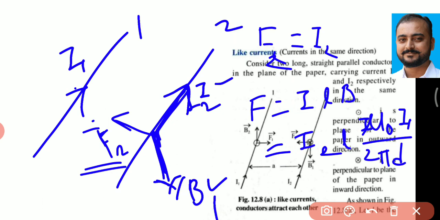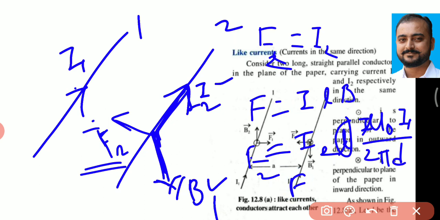So in this manner, finally, we got the formula: F2 is equal to mu 0 upon 2 pi, I1 into I2 divided by D, into L. L is the length of the conductor. But mostly we consider the force acting per unit length.